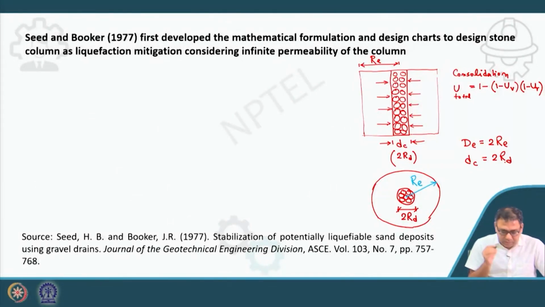Okay. Now, Seed and Booker have observed that the ΔU divided by sigma V dash, so what is that? It is basically the RU value. You know, this is basically the RU value, because I mentioned it is the pore water pressure ratio or the pore pressure ratio.